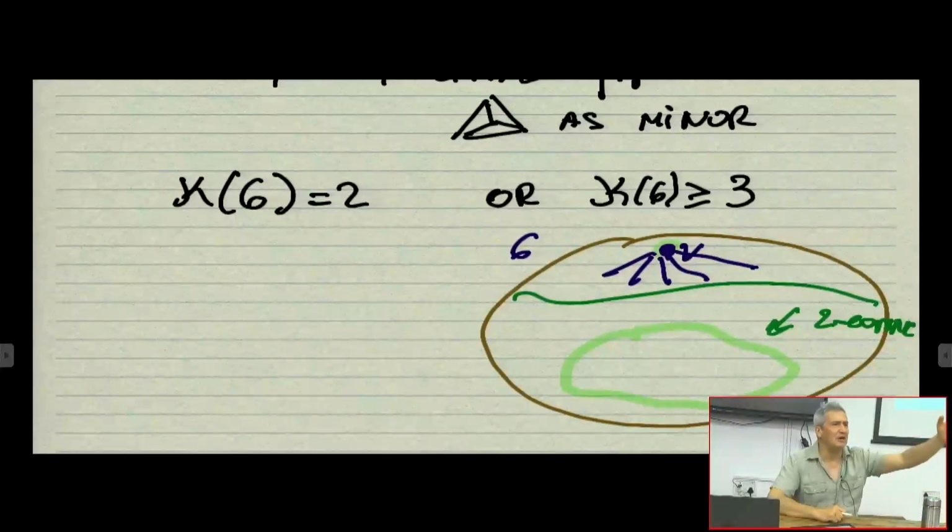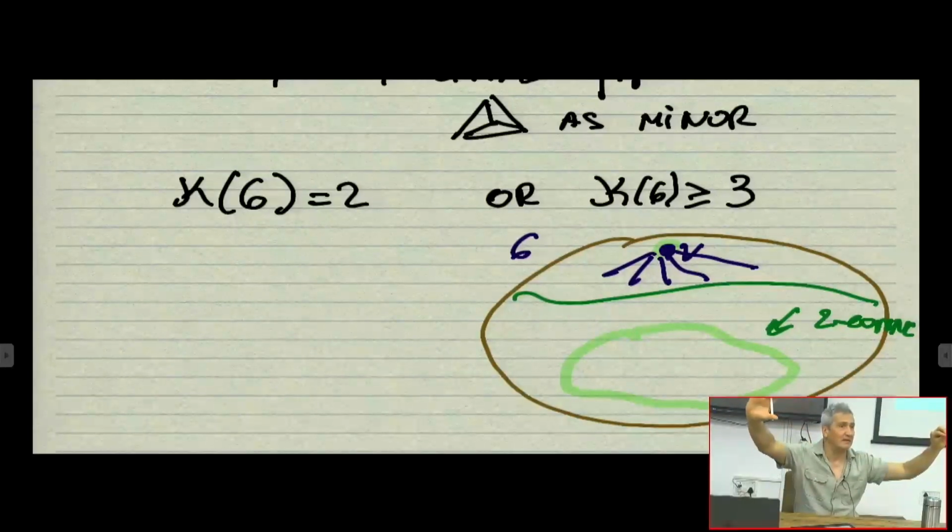Now Menger's theorem. We don't have time to explain. Menger's theorem claims that in a k-connected graph, if we have a vertex and a disjoint cycle, then we have k paths from the vertex to the cycle, internally disjoint.